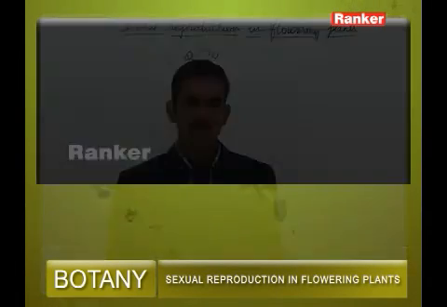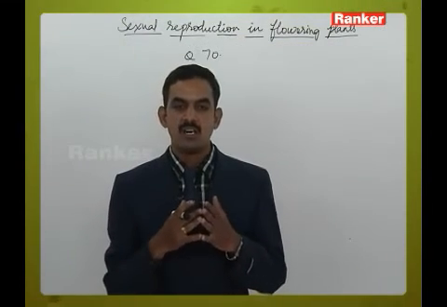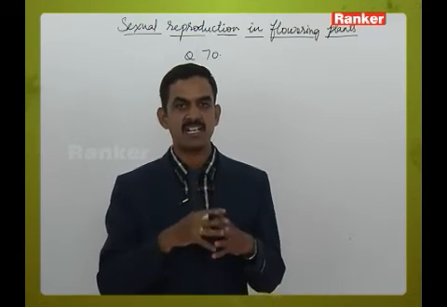Question number 70, a fruit is an adaptation for: options: 1 providing food for other plants, 2 nourishing the seed, 3 nourishing the future seedling, 4 dispersal of seeds. Okay, here fruit is a structure which is enclosing seeds inside it.